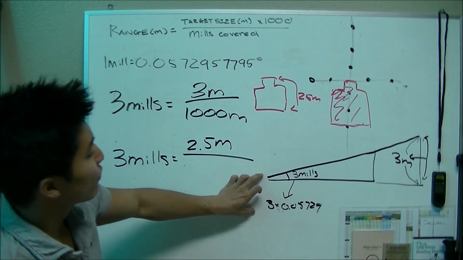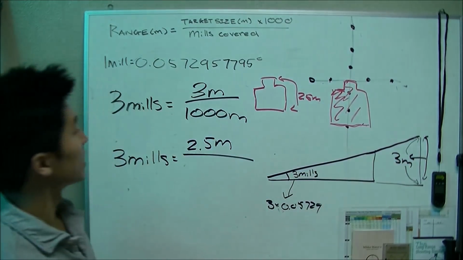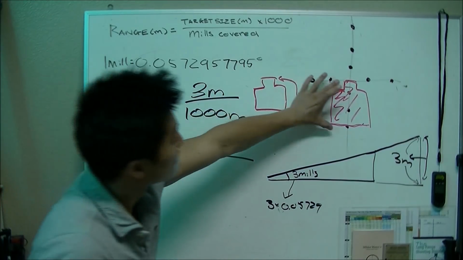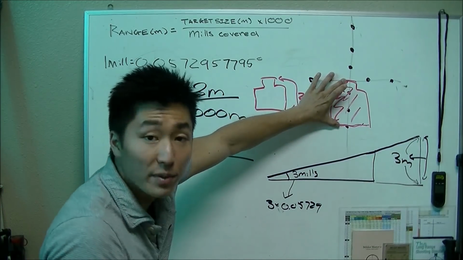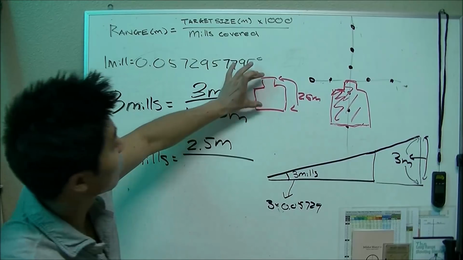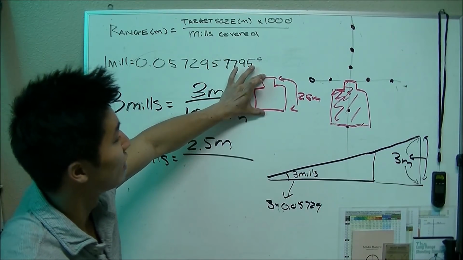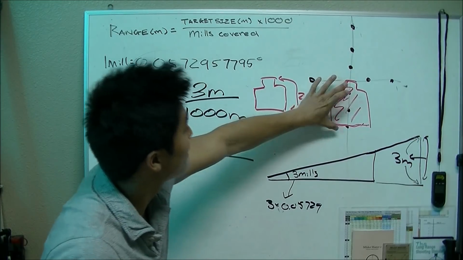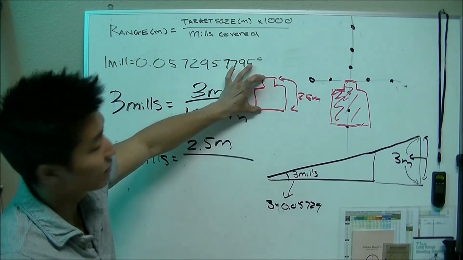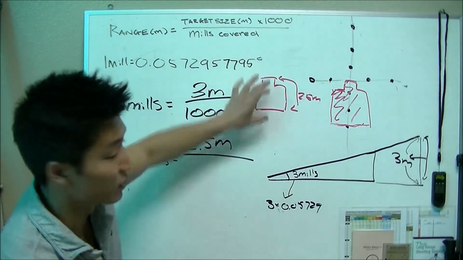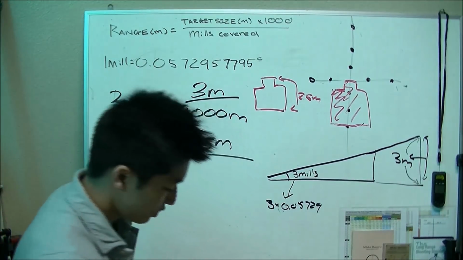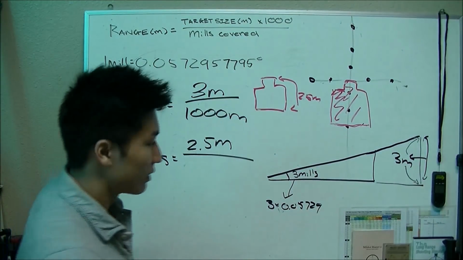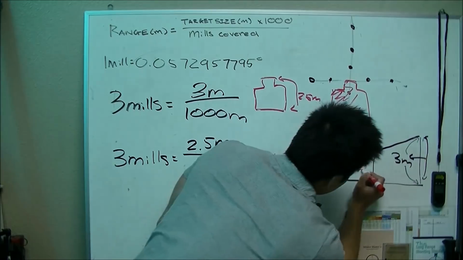But what is it when it's only 2.5 meters? Because this 3 mills is being represented by something that is 2.5 meters tall. Remember that one. So that 2.5 meters would be right here.